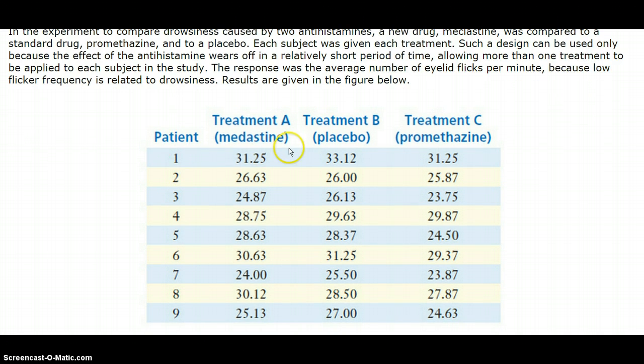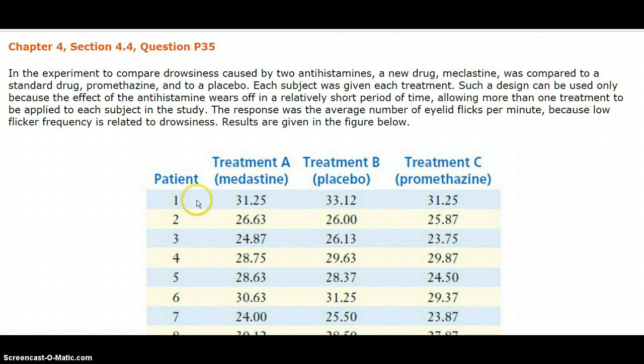And notice that we have this randomized block design, so within patient 1 is going to have a certain baseline number of flicks per minute, and here we might guess that's around 33 because that's what happened with the placebo.